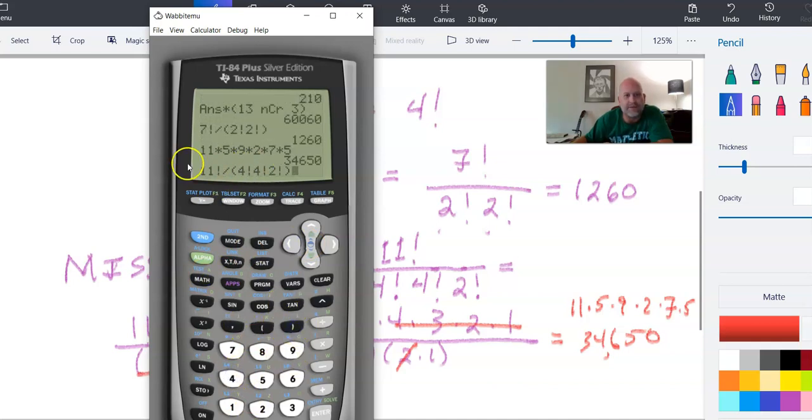There. Okay, so this should give us the same answer. And it does. And so hopefully that helps you use your calculator a little bit too and get you a little more familiar with how to enter these things into here.